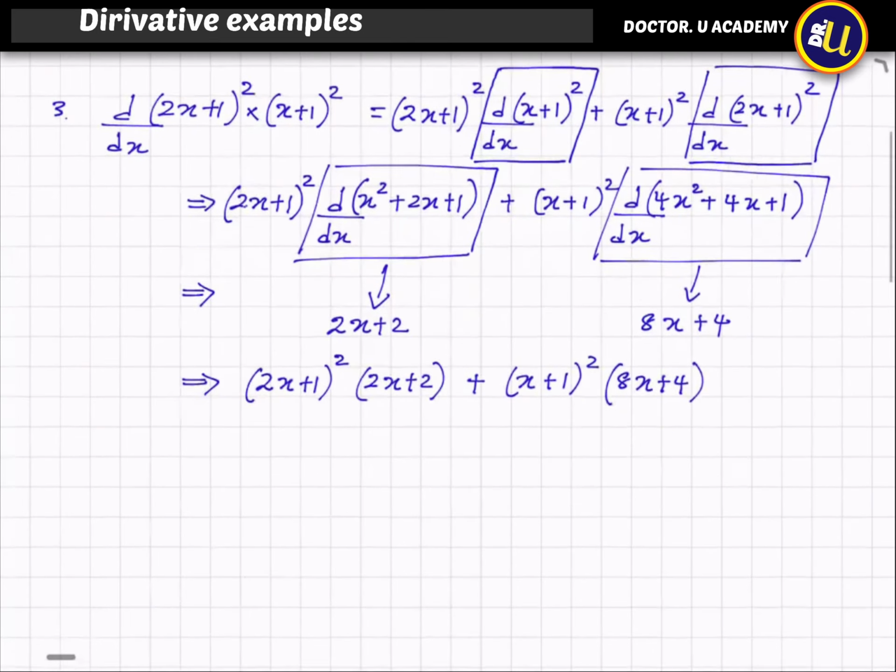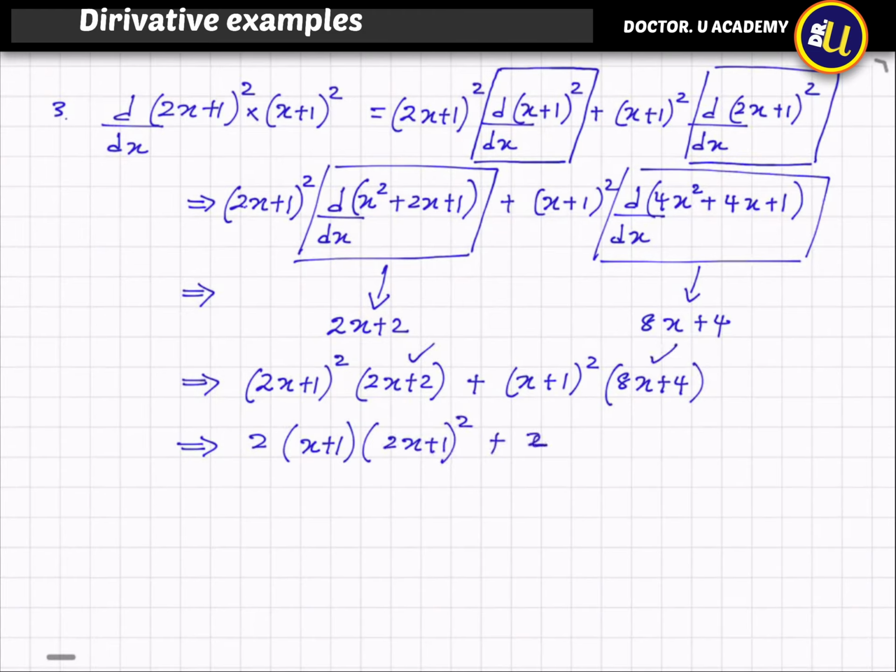So now you will see you can factorize this. You can write this one as (2x plus 1), and you can keep (2x plus 1) squared here. Then you can factorize this one, that would be 2x plus 2. If you take 4 out, it's going to be 2x plus 2, then you get (x plus 1) squared.